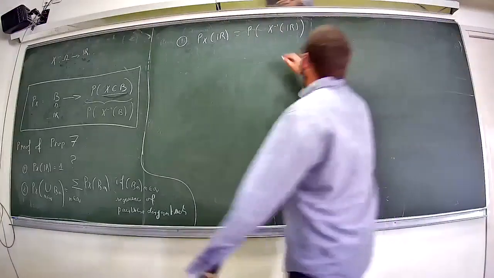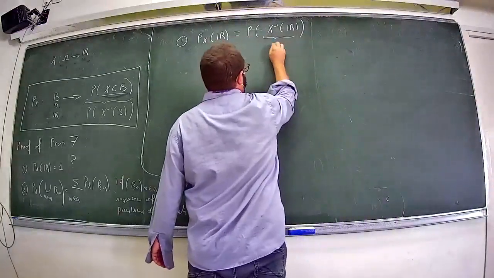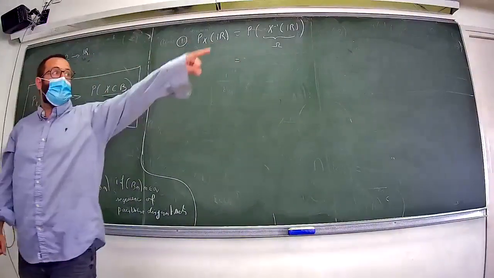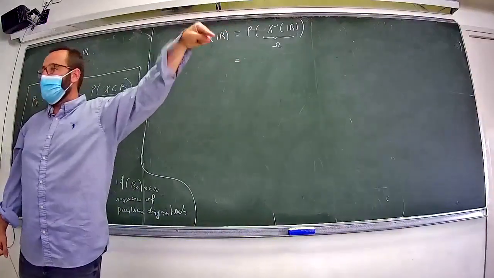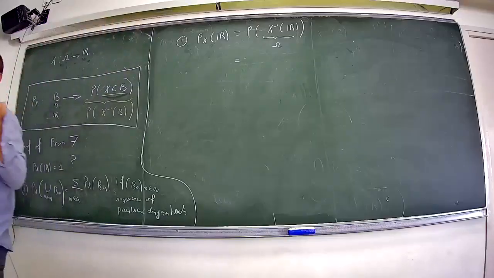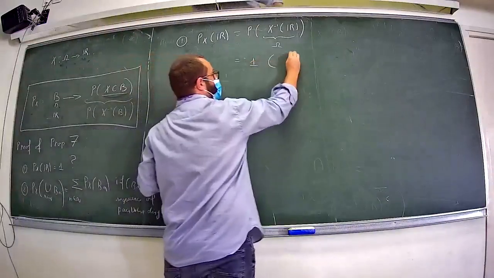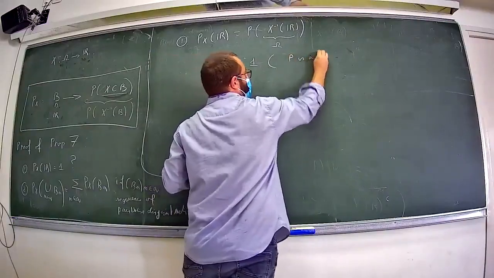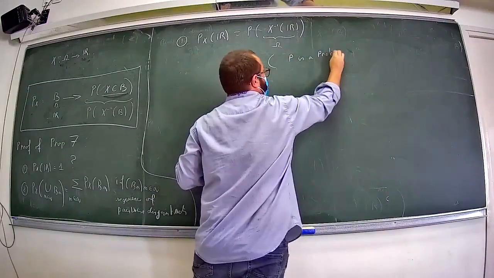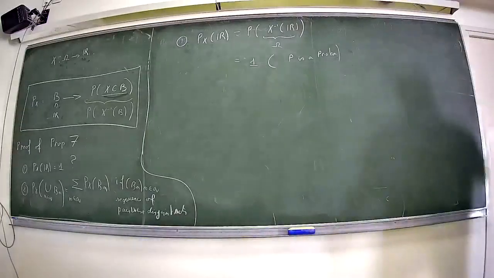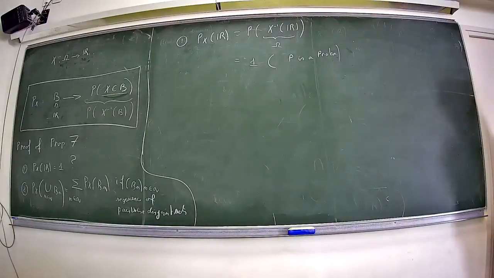Omega. This is equal to omega. And what is P of omega? 1, because P is a probability. We know that P is a probability. It was my initial probability. So 1, because P is a proba. And I want to prove that Px is a proba. Okay? But I know that P is. So Px of the universe is equal to 1.